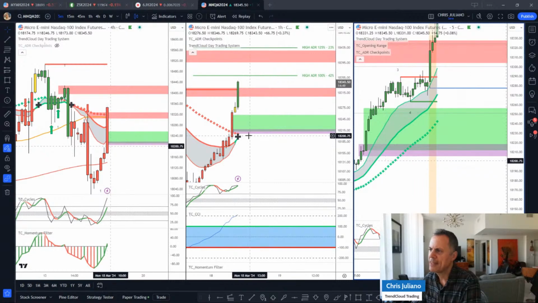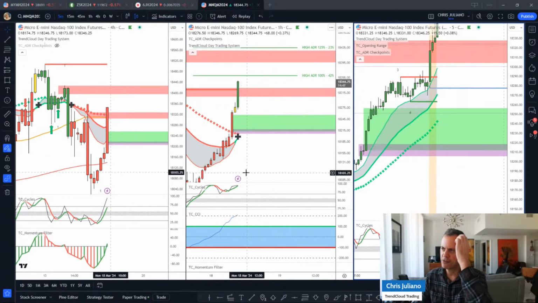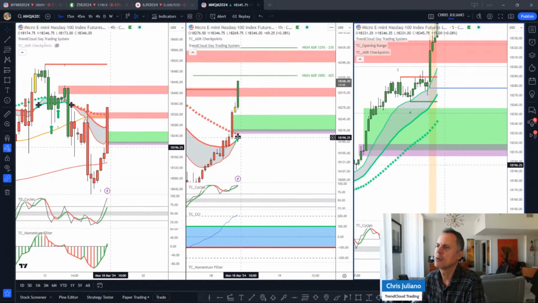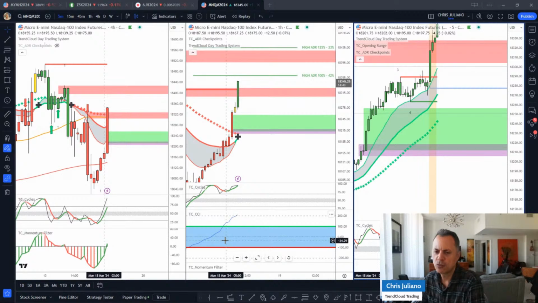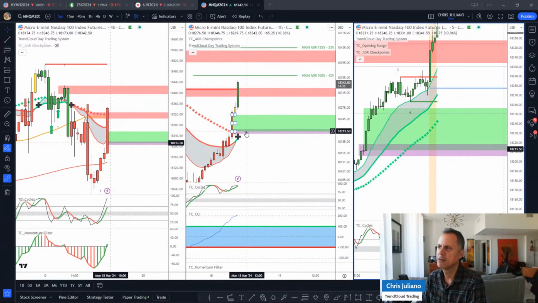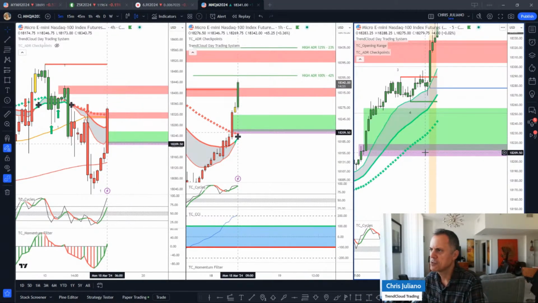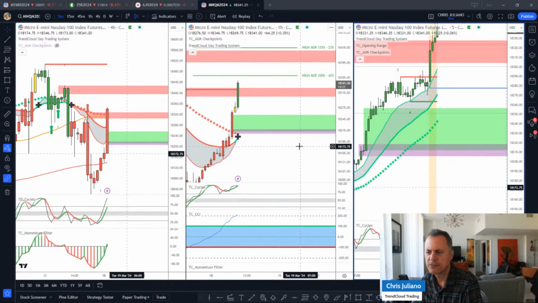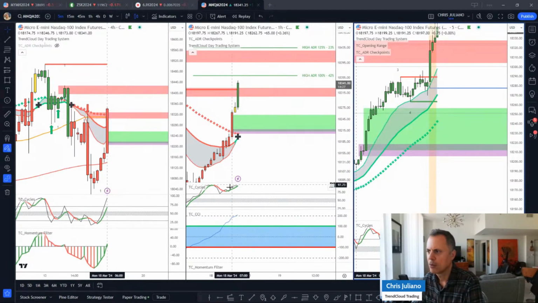It's right at that crossover at the 50 simple on the middle time frame. Pretty cool, right? Pulling back into this area here, hey, now you've got a demand zone with a level of support in an uptrend with momentum across multiple time frames.